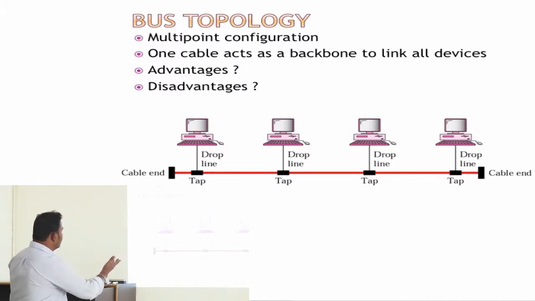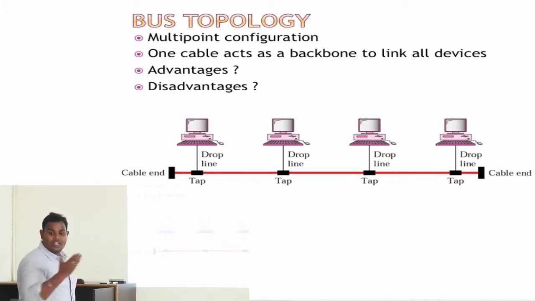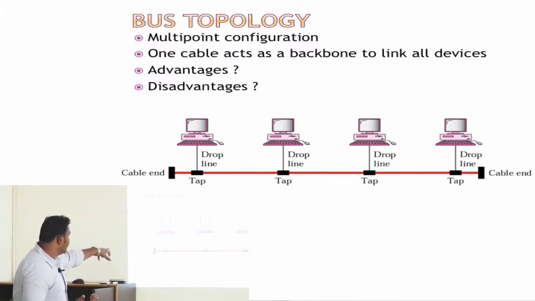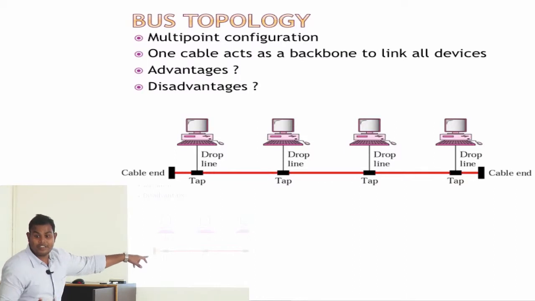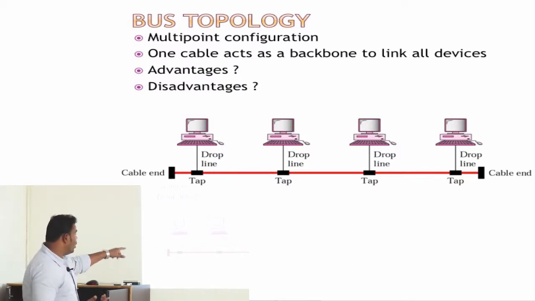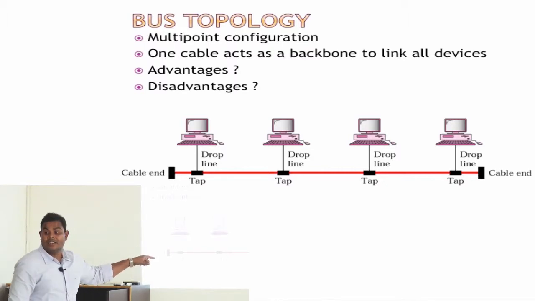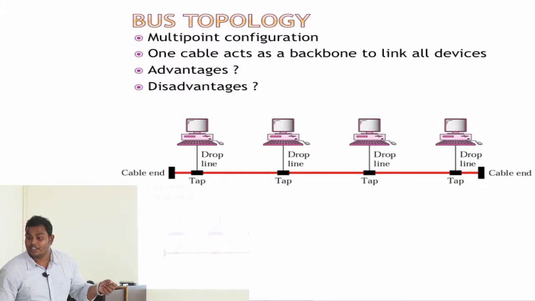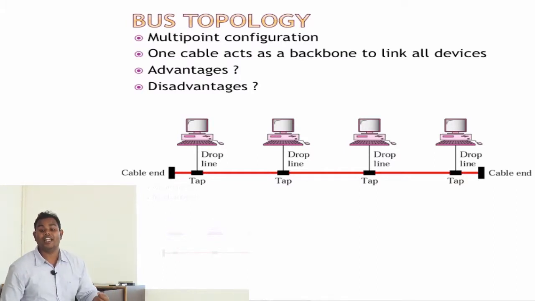You can see the figure, 4 computers are there. There is one cable that acts as the backbone cable. Then all the computers connect to that backbone cable using drop lines, or their dedicated lines.